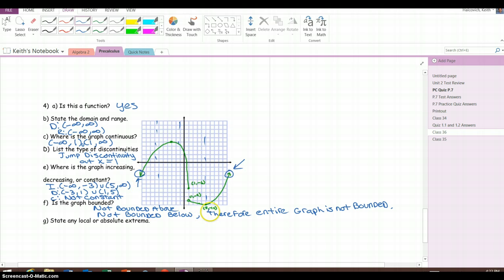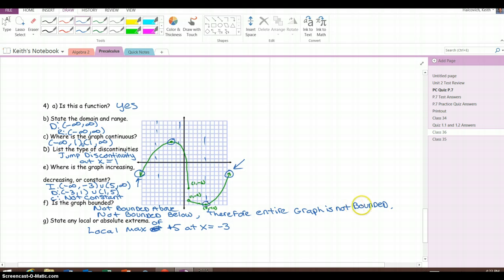Any local or absolute extrema? Well, there's going to be a local maximum here at y equals positive 5 at x equals negative 3.